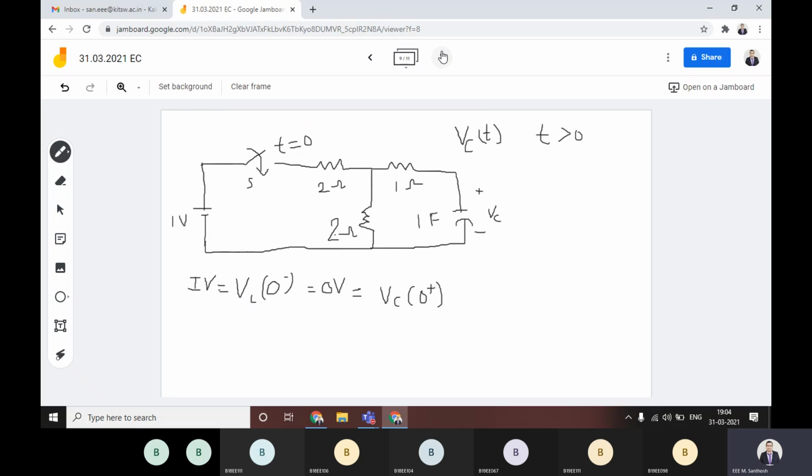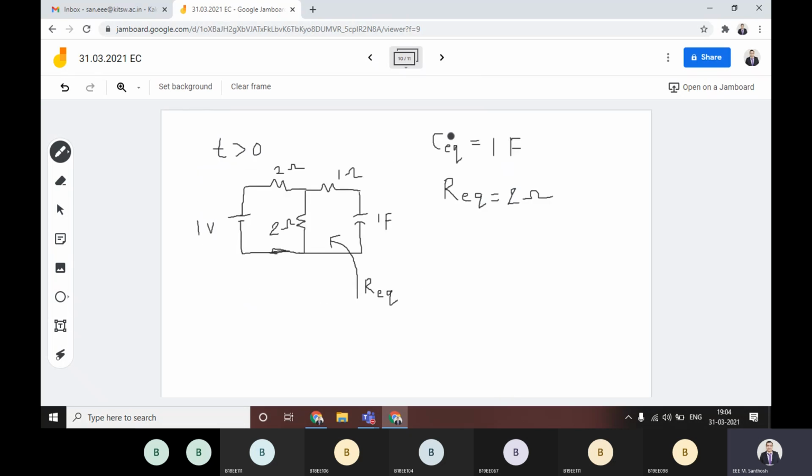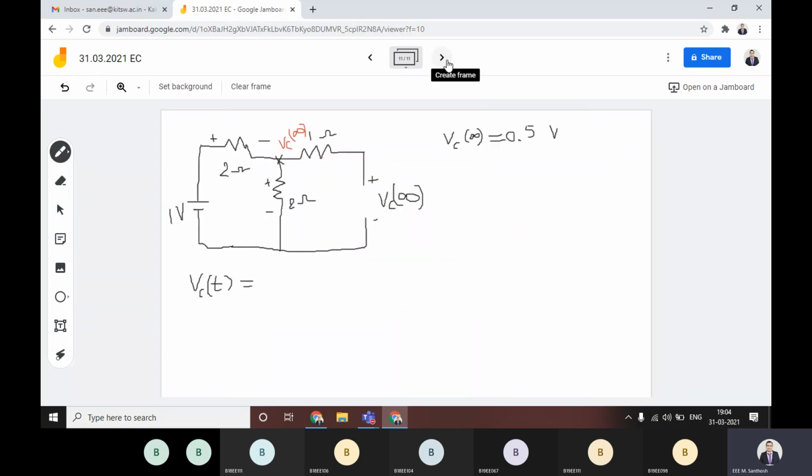Then you have the initial value already calculated. The initial value is 0, and the final value you have, C equivalent and R equivalent you have. Directly you can proceed with Vc of t. That is the final value, that is 0.5. Why are we calling this the final value? Because we are calculating at infinity, at steady state point. Final value plus initial value minus final value.